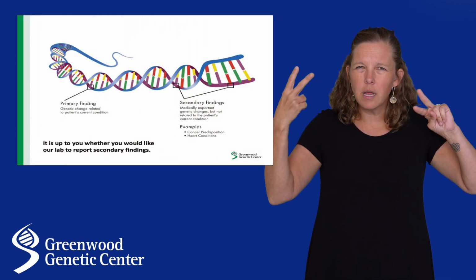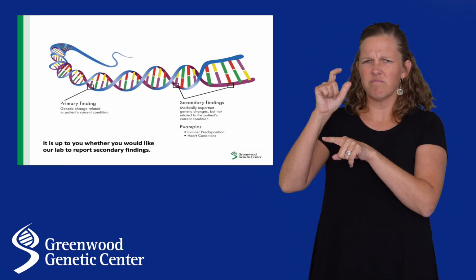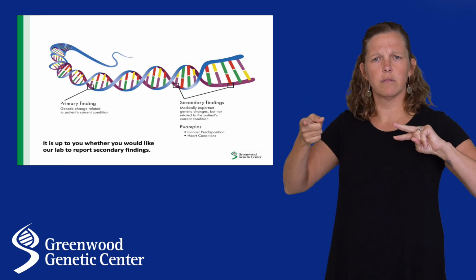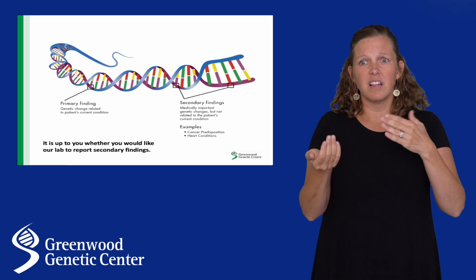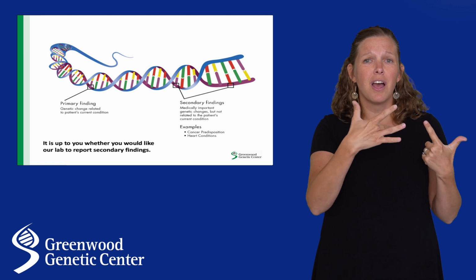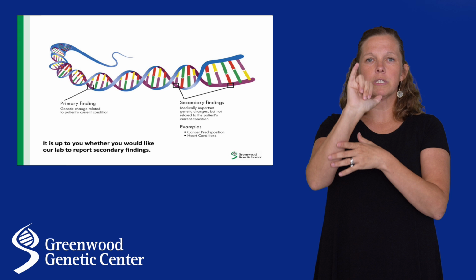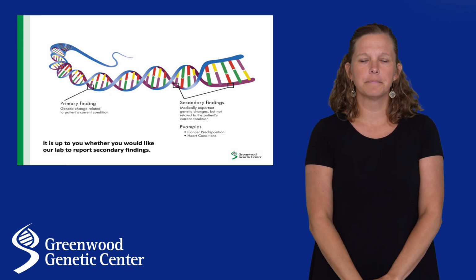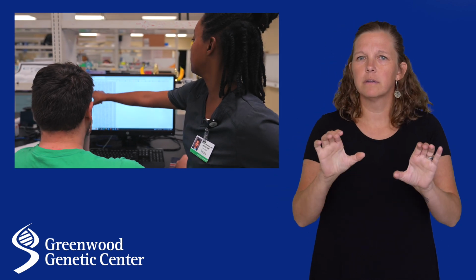As we're looking across all of the genetic information, we can identify additional spelling changes in genes that do not explain a patient's history, but do increase the risk for certain health problems like cancer or heart disease. These are considered secondary findings. If you would like, our lab will report changes in these genes that cause medically actionable, typically adult-onset conditions.